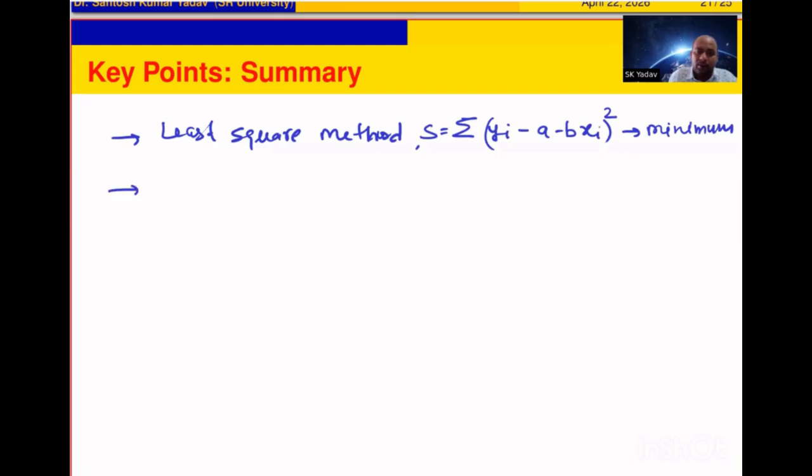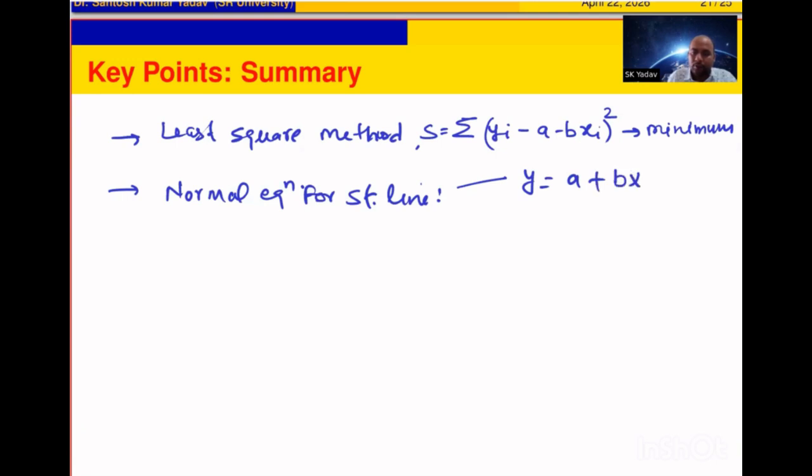And the next point is normal equations for a straight line, and the straight line is y equal to a plus bx. So I'm repeating again. The first equation can be obtained by taking summation on both sides. So summation of y equal to n times a plus b times summation of x, because a and b are constants, so summation will run on x and y only.